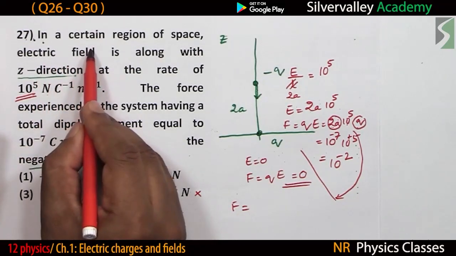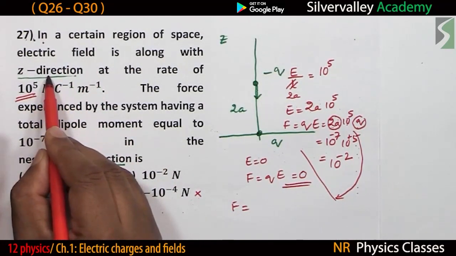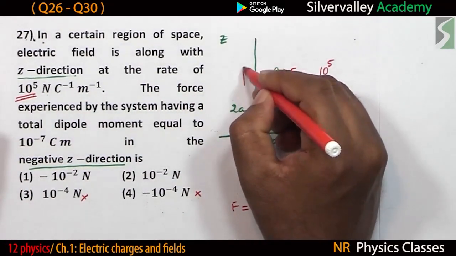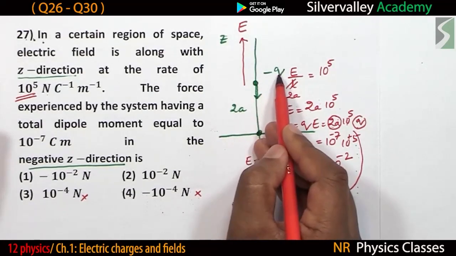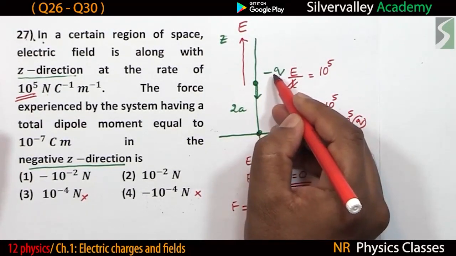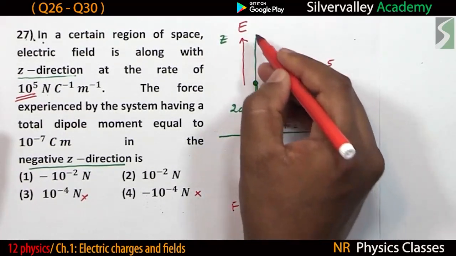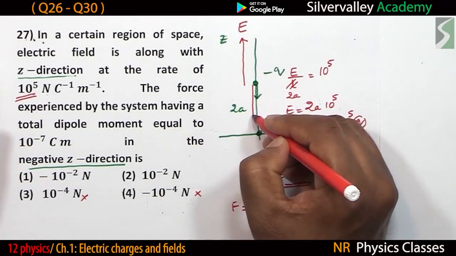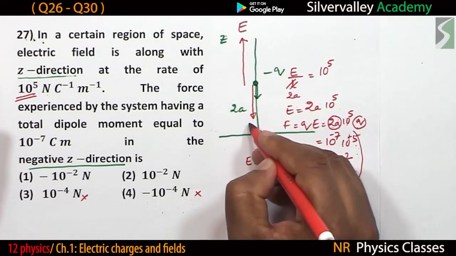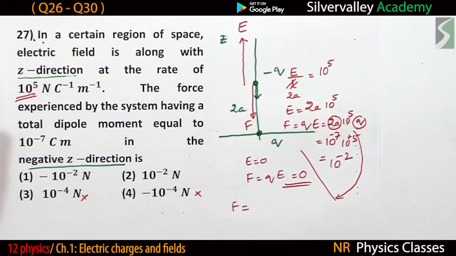Now it is mentioned the electric field is along the positive z direction. This is the direction of electric field E. There is minus Q. A negative charge experiences force opposite to the direction of the electric field. So the force on this minus Q is in the downward direction. So this is the direction of force.